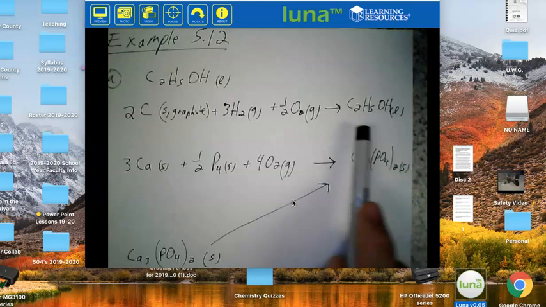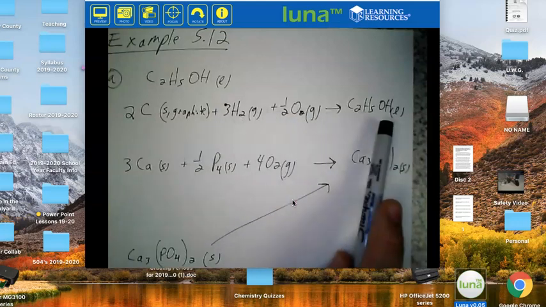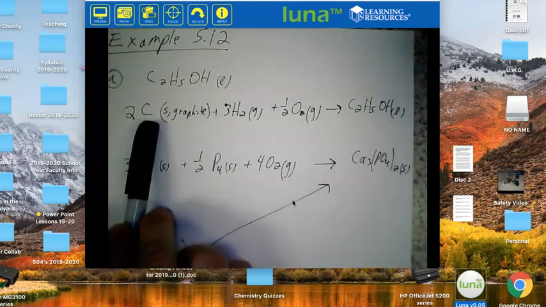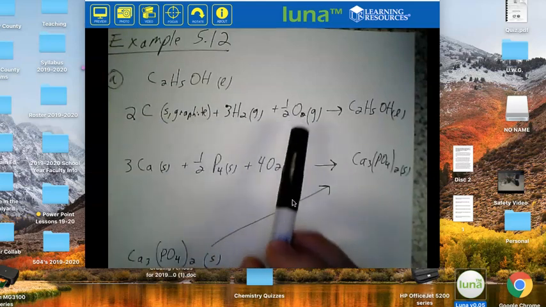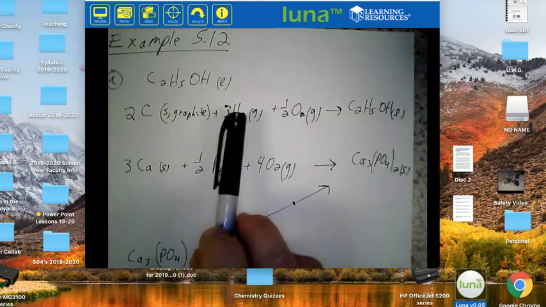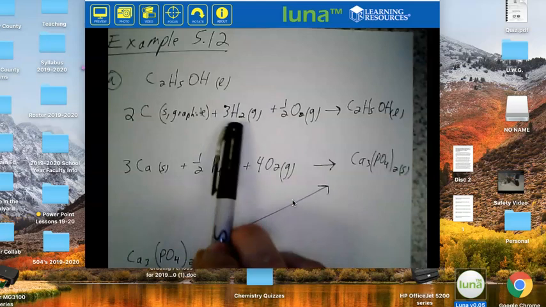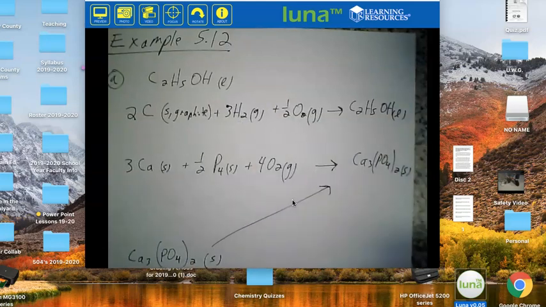Here you see this compound has carbon, hydrogen, and oxygen. Carbon can exist as a single atom, but hydrogen and oxygen are diatomic molecules, so they don't exist by themselves as H. As a free element it's H2, a diatomic molecule, and so is oxygen.